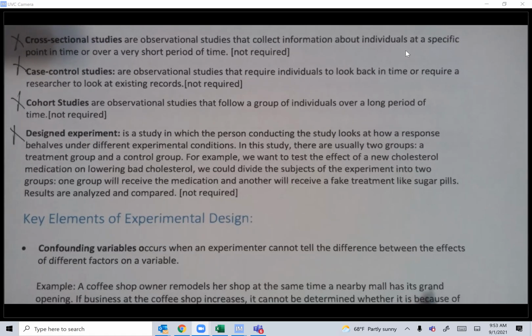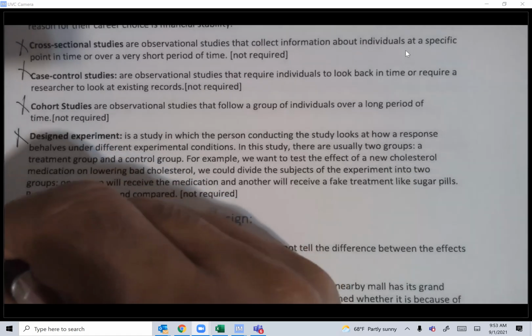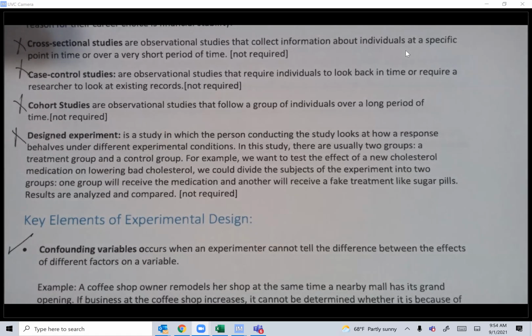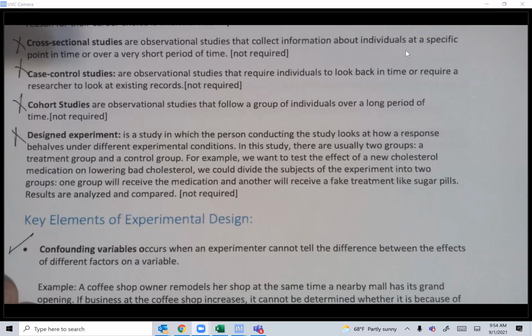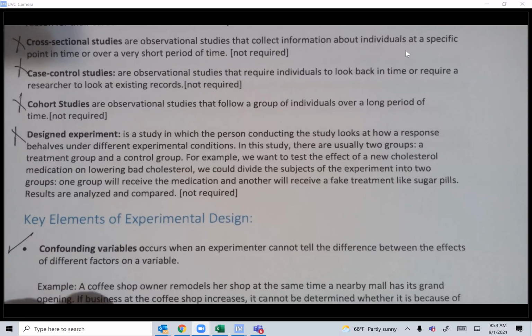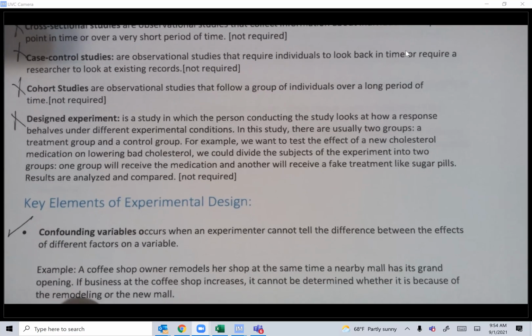I just want to tell you what this means in statistics, which is very important. It's just for your own knowledge. Let me give you this example, guys, and tell you what a confounding variable means. Take this example.